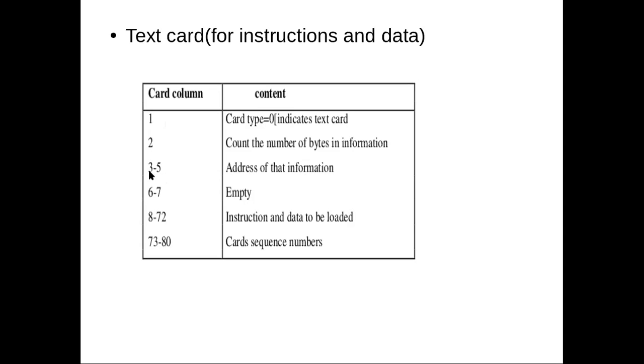Then columns 3 to 5 specify the address at which we have to store this output of the assembler and data. Then columns 6 to 7 are usually empty and used for validity checking. Columns 8 to 72 really contain our output of the assembler, that is the converted machine language instructions and data for its execution. Then columns 73 to 80 contain the sequence numbers of the cards.